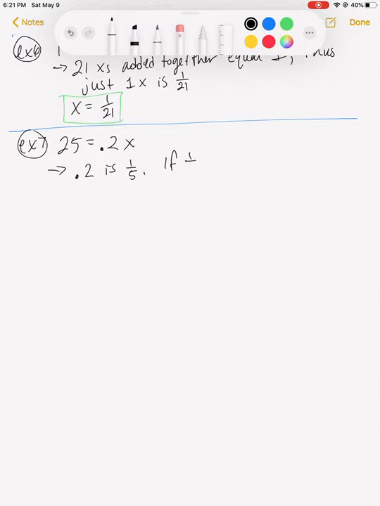If 1/5 of a number is 25, then 5 times 25 is that number.